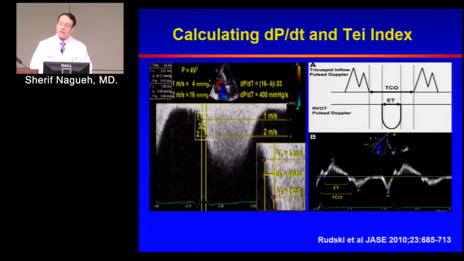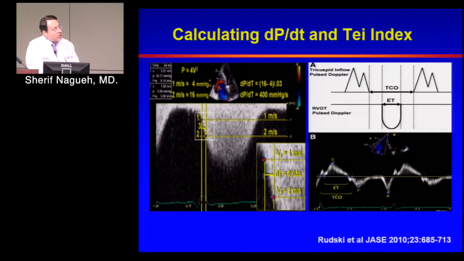And this time interval can be prolonged, for example, in patients with bundle branch block. There have been several reports where individuals are clinically worse, but this time interval gets shorter, suggesting that they may be getting better, mostly because the right atrial pressure goes higher and then the isovolumic relaxation time gets shorter.